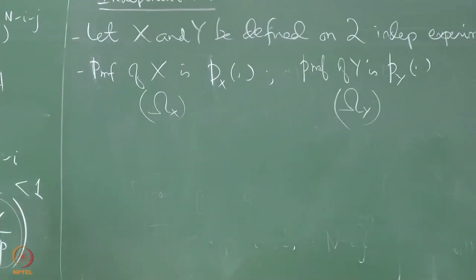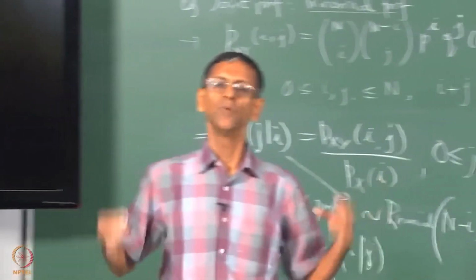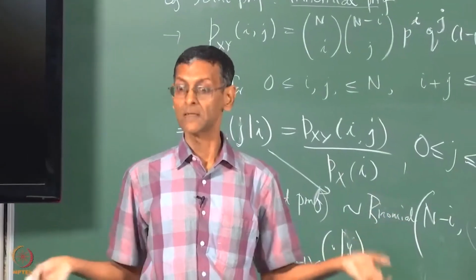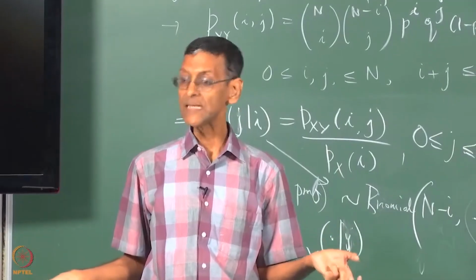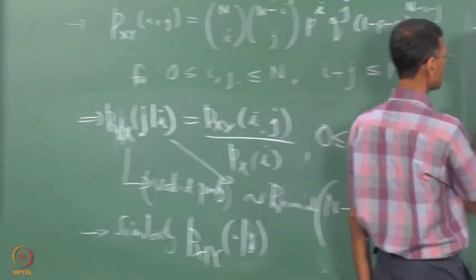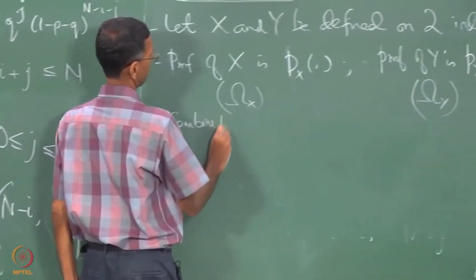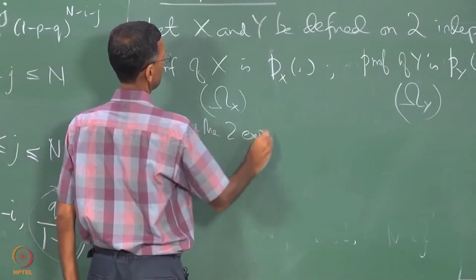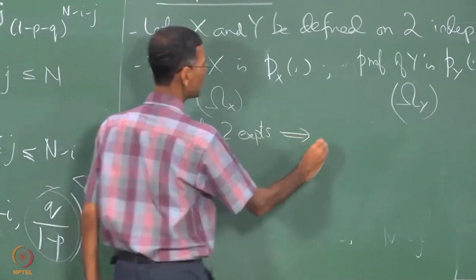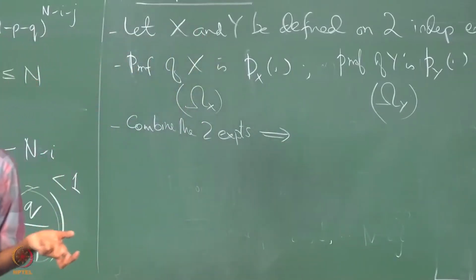So now if I consider the combined experiment, which is doing both experiments together, I get the combined space omega xy. What must omega xy be?